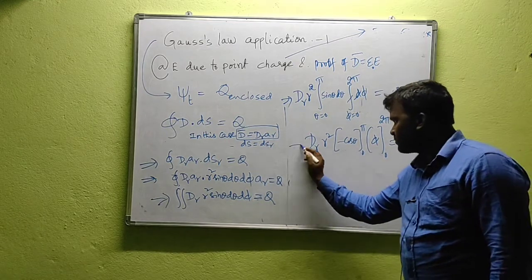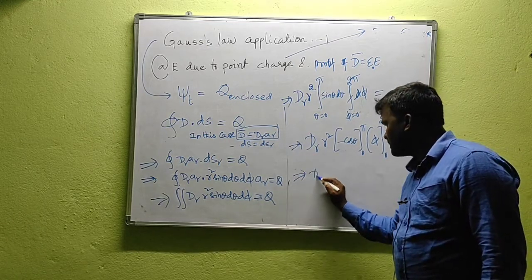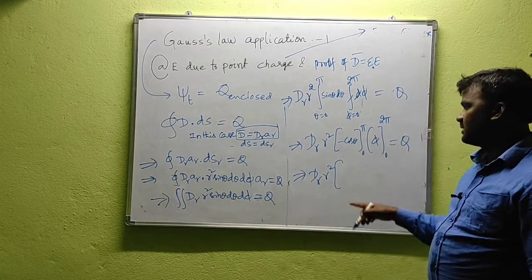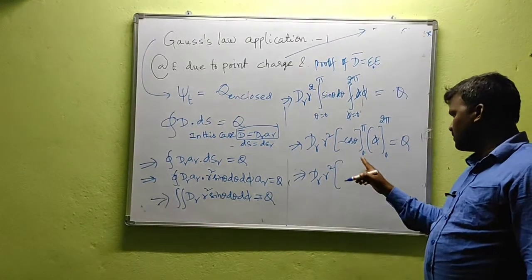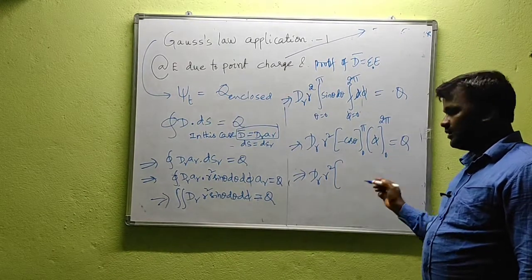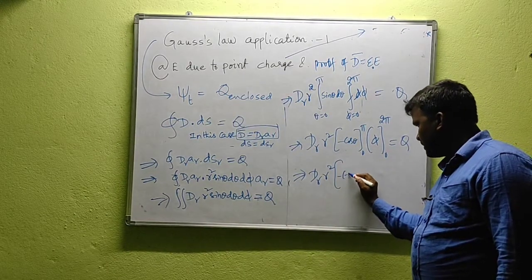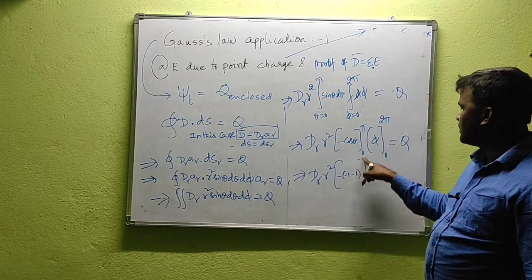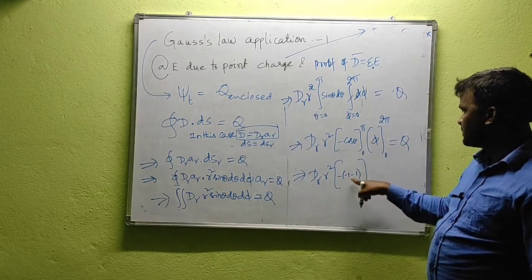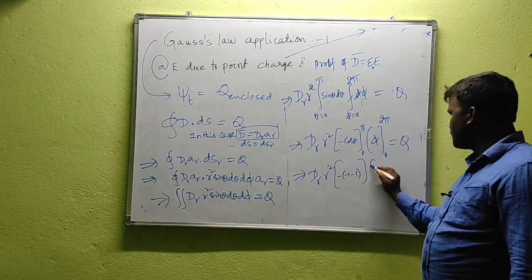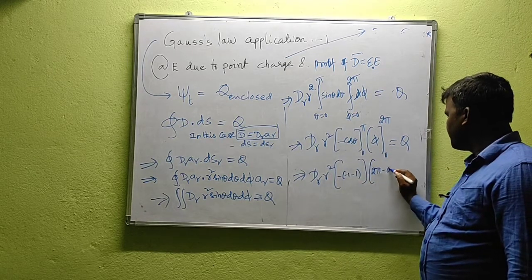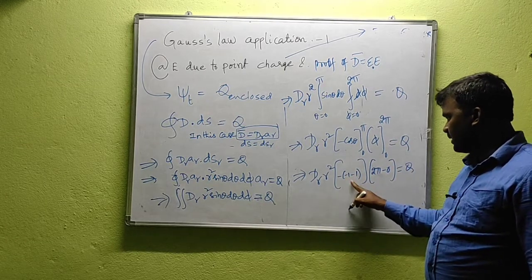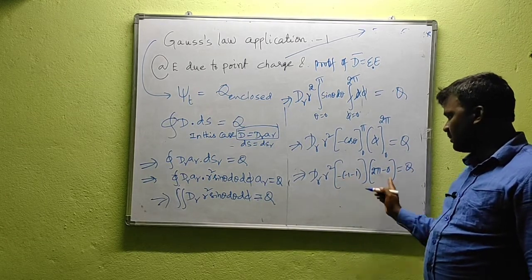Now simplify this again. It implies D_r into r squared, minus cos theta, here cos pi is minus 1, minus cos 0, that is minus 1, upper limit minus lower limit, already you have the minus sign, so minus 1 minus 1 is minus 2, minus into minus is plus.